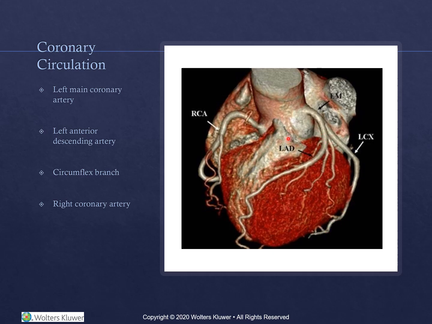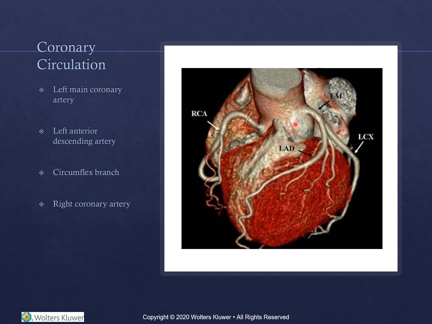the myocardium. So you have the left main coronary artery, that's this artery that comes directly off of the aorta. So as blood leaves the left ventricle, that newly oxygenated blood, one of the first places that receives oxygenated blood as it leaves the heart is the heart muscle itself.